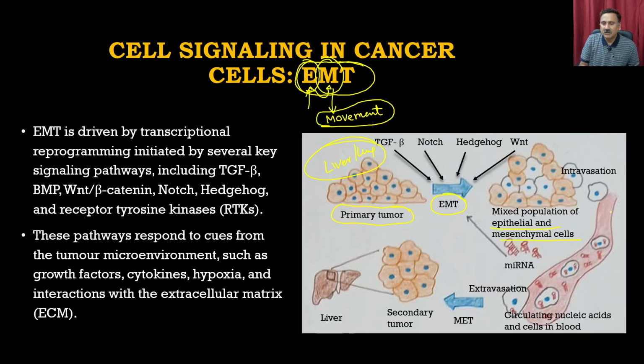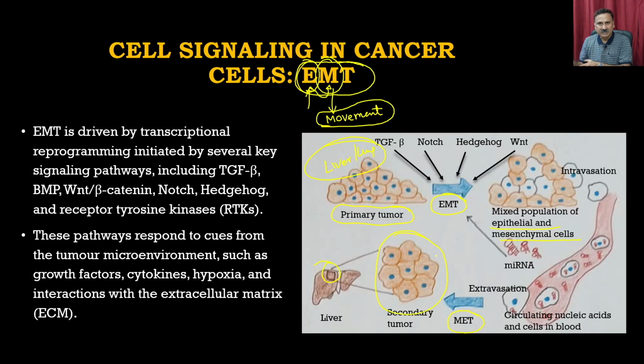That's how they enter the blood vessels and reach their next destination. At the next destination, they do the reversal, which means they get converted from the mesenchymal type to the epithelial type, and that's how they undergo the MET transition, and then they form the secondary tumor, and that's how the secondary tumor is established in the next organ, right?